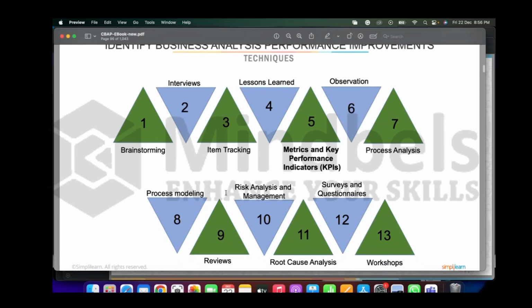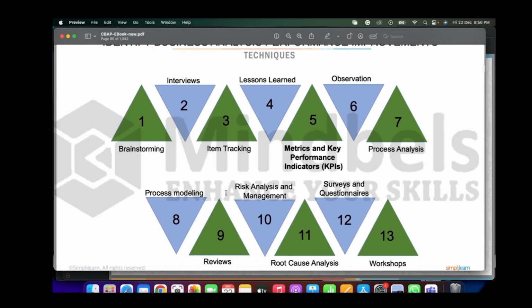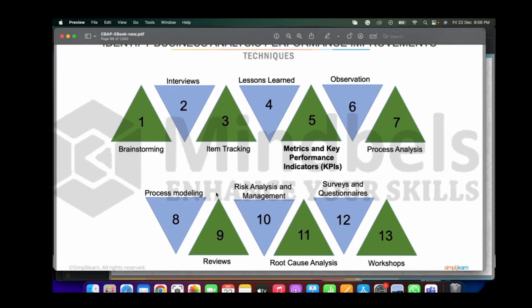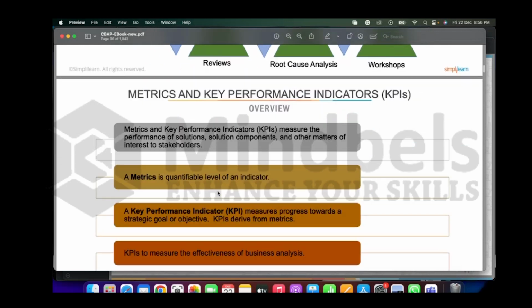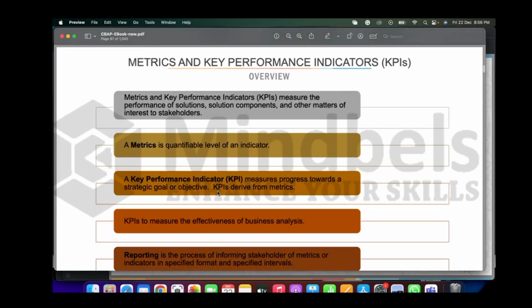So you have 13 different techniques that can be applied to improve your performance. Now, one technique to highlight is KPI, because the other techniques were very common in nature, but KPIs and metrics are a little different.